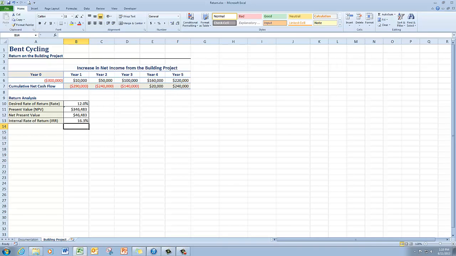And that gives us an internal rate of return of 16.3%. So that would be the point at which our net present value starts becoming negative. So those are the net present value and internal rate of return functions.